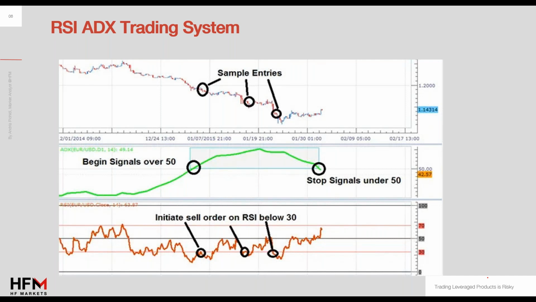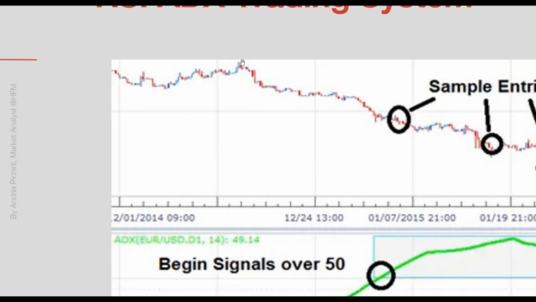Regardless of which asset this is, even though it says euro dollar, first of all, you need to observe. You can zoom in and see, okay, we are in a downtrend, aren't we? Does anyone disagree? Ignore what happens afterwards.